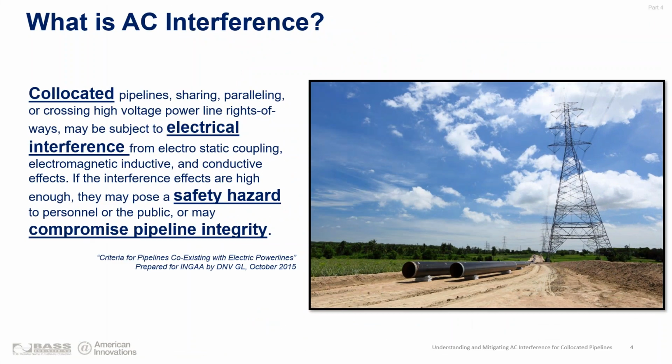So let's start with a reset. For those of you who joined the first webinar, this is the definition of AC interference. This definition comes from a report from INGAA. INGAA stands for the Interstate Natural Gas Association of America, which is a consortium of pipeline operators and production operators who commissioned a report to canvass all of the documentation that is out in the industry around AC interference and to consolidate that into one report.